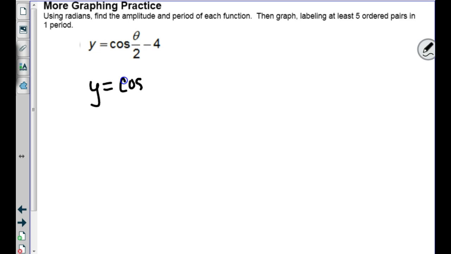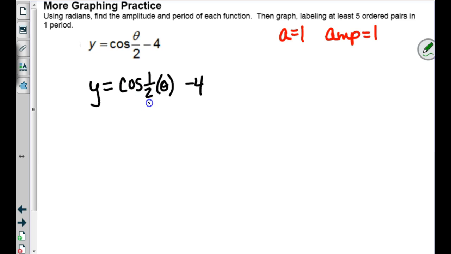This can be rewritten cosine of what? What's theta over 2 mean? 1. Okay. So what's A? 1. There isn't one out here, it's just a 1. So that means the amplitude is just going to be 1.